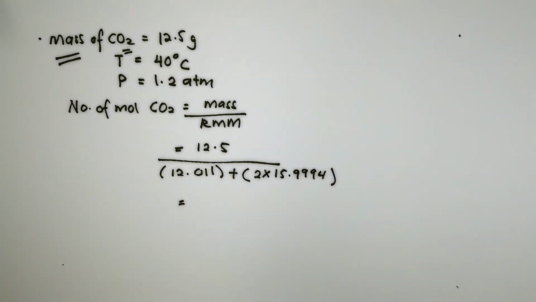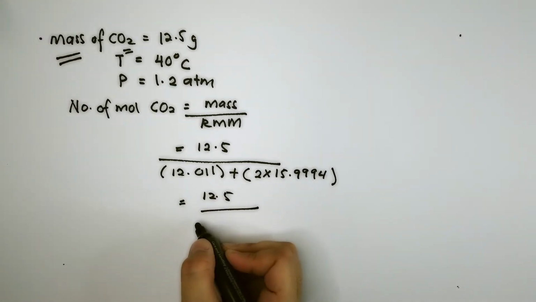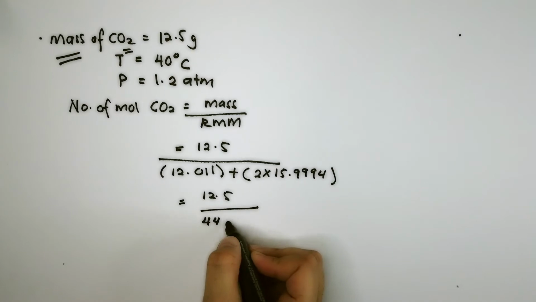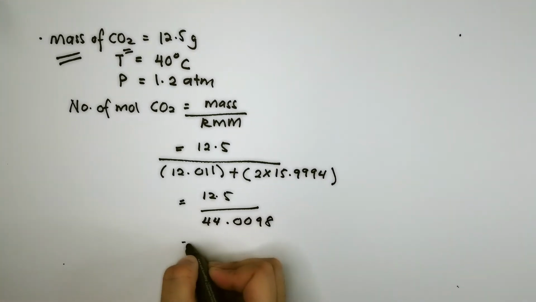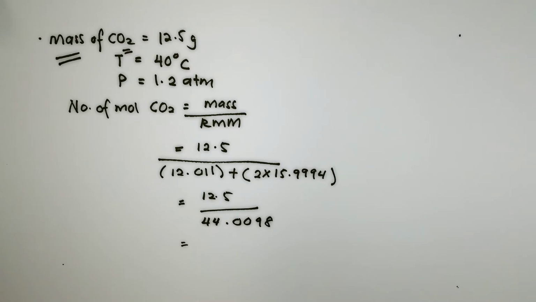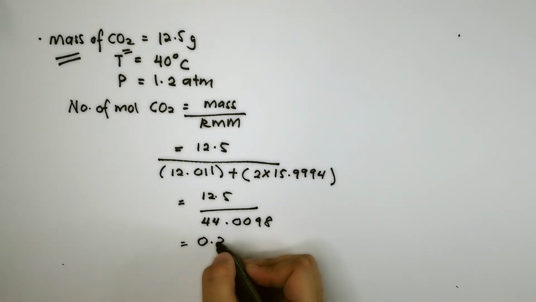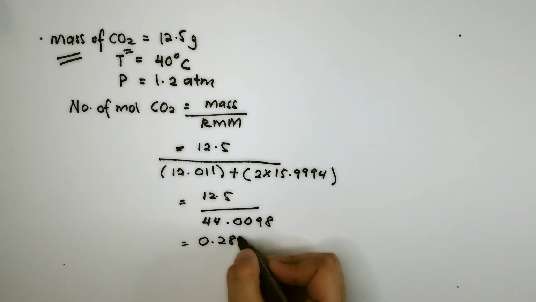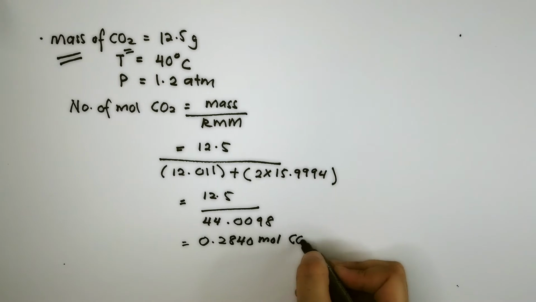So you should get 12.5 divided by 44.0098. Therefore, you should get the number of mole for carbon dioxide is equivalent to 0.2840 mole of carbon dioxide.